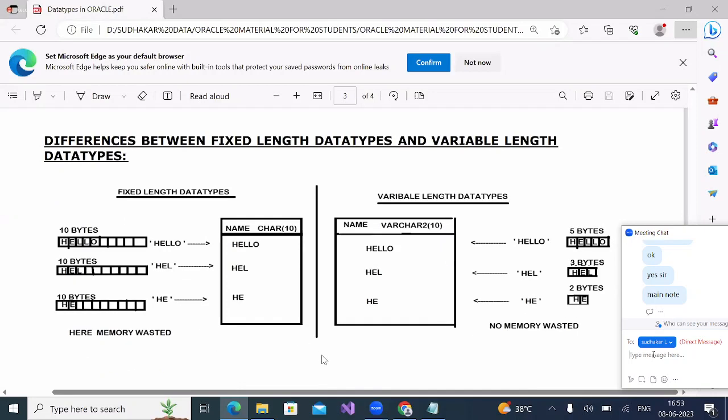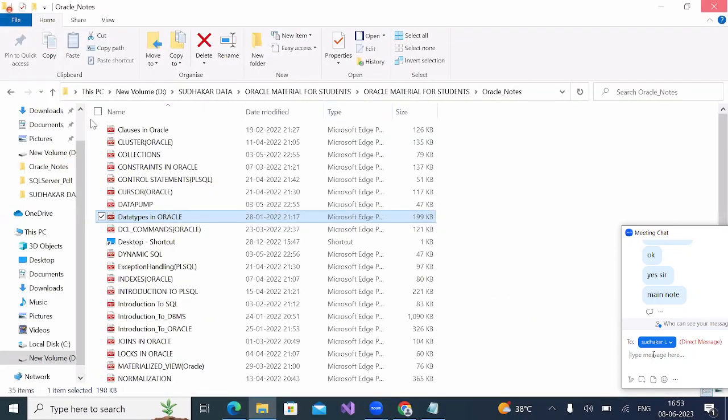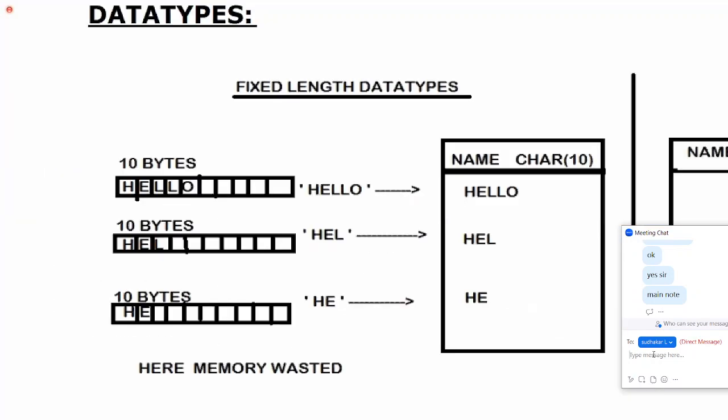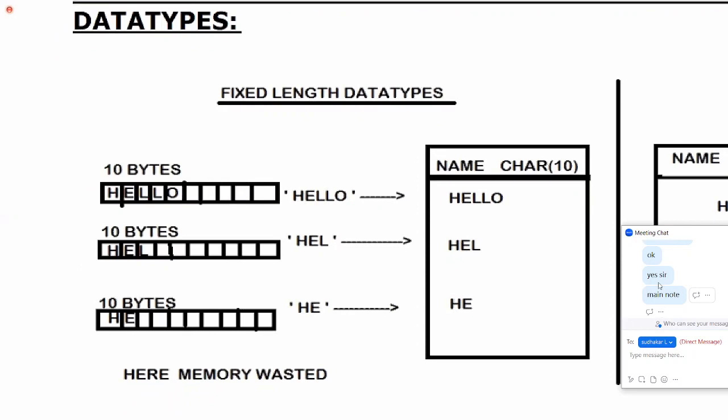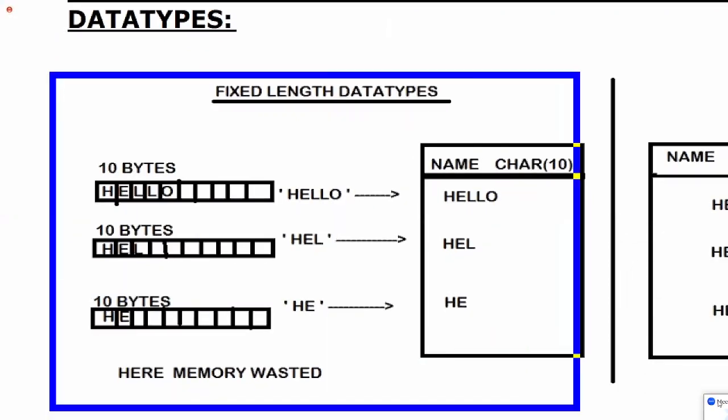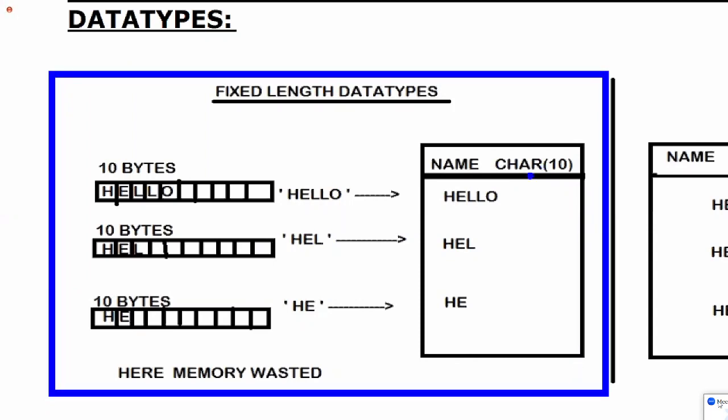Now you can see what is happening here, observe. If you see the diagram, in this case, for char I'm giving hello. So for hello, 10 bytes are allocated. Can you see 10 bytes are allocated?